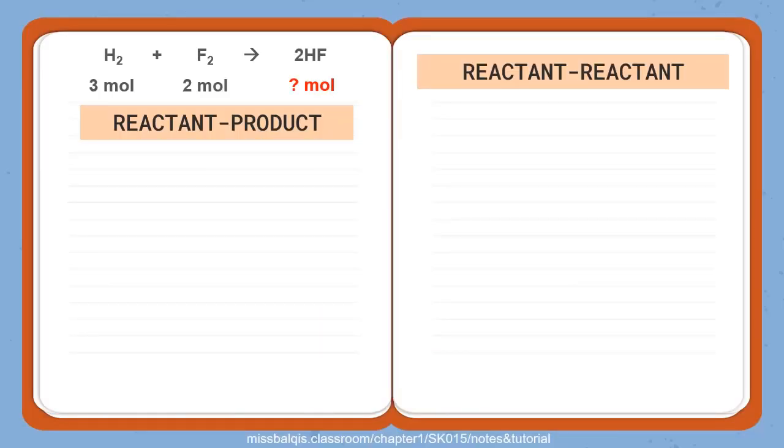As a conclusion for limiting reactant, you don't need to do both methods in the question. If the question already asks for the amount of product, then you can straight away do the reactant product method. If the question doesn't ask for product, you can also use this reactant product method. The same goes for this reactant method. Choose only one that you find the most convenient.